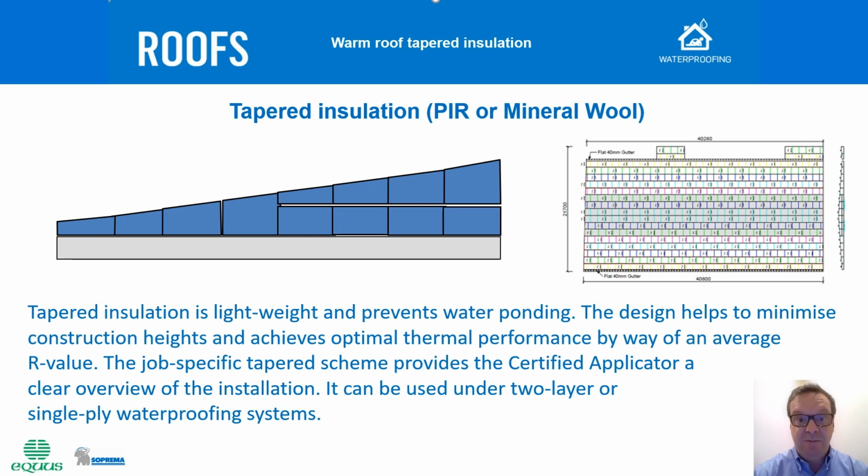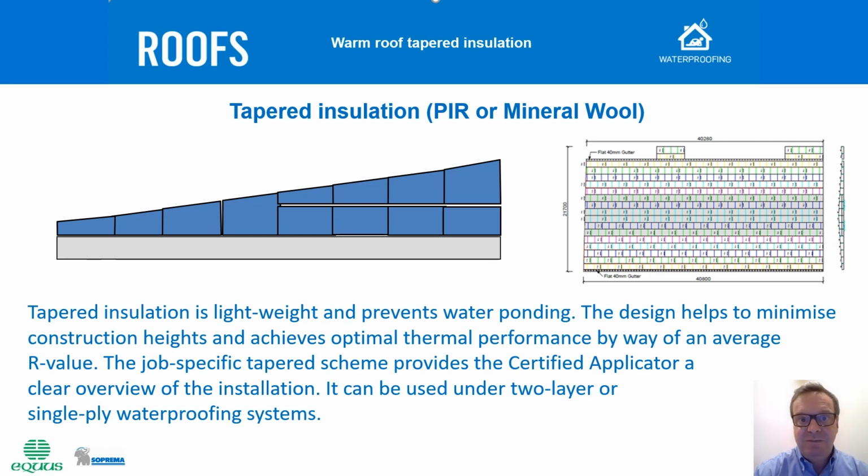When we talk about minimum fall requirements, it's also good to mention that polyisocyanurate and mineral wool boards can be purchased as tapered insulation boards. This means that the fall is within the thermal insulation layer. To achieve this, we need a copy of the roof plan with the drainage points and the indication of internal gutters with the minimum desired fall so that the tapered scheme can be designed.